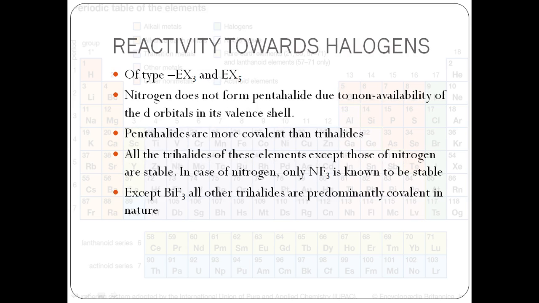Reactivity towards halogens. These elements also form two types of halides, EX3 and EX5. Nitrogen, however, does not form pentahalide due to non-availability of d orbitals. Pentahalides are more covalent than trihalides.